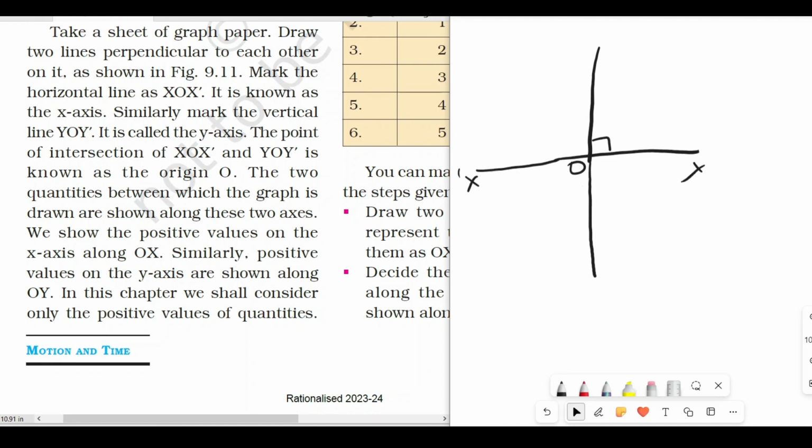And similarly mark the vertical line as Y O Y dash. So this horizontal line X O X dash is called the X axis, and the Y O Y dash, which is the vertical line, is called the Y axis. So let's mark this as Y O and Y dash. This is your X axis and this is your Y axis.